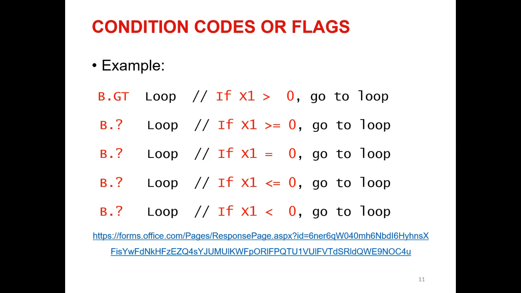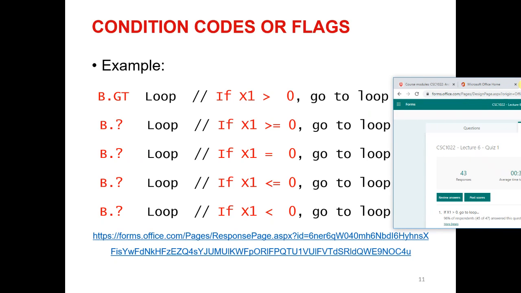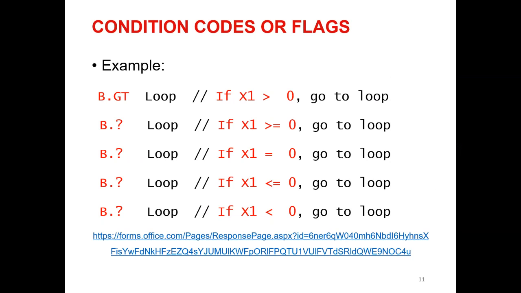Okay, so let me check what you have answered here. I see some of you are still answering. The first one is the one we have already seen, that is clear.